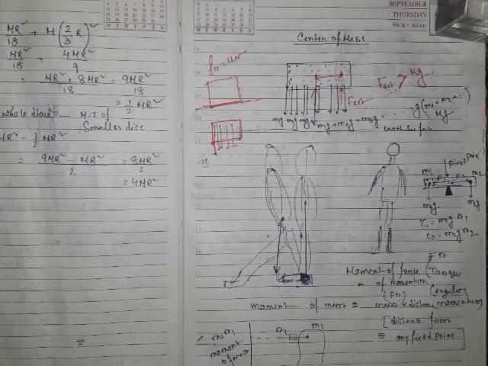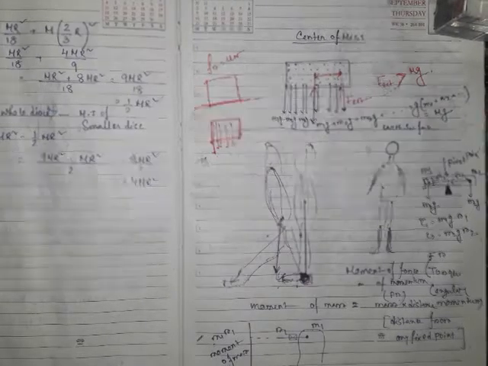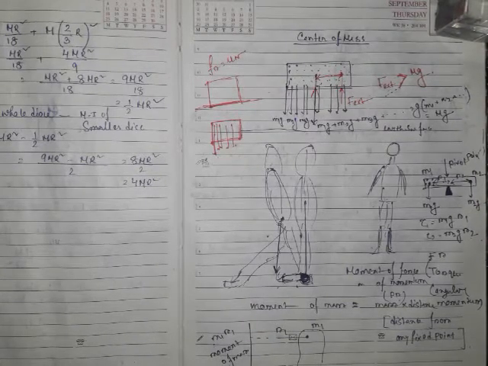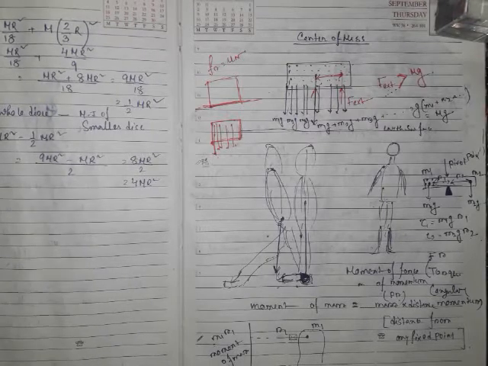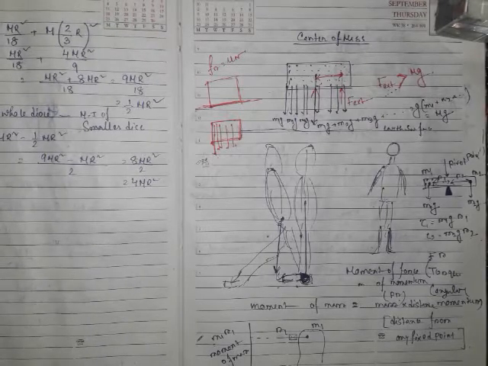But if you want to make the whole thing general, then we look for a similar type of point like the center of gravity. That is called center of mass.